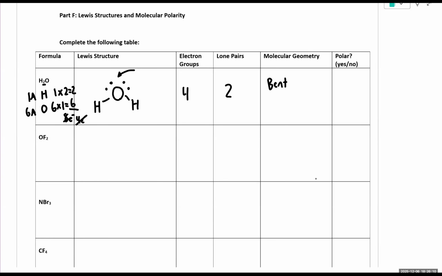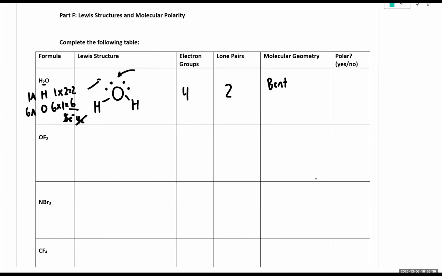Now, in terms of whether or not a molecule is polar, there are 2 rules for polarity. The first is whether the central atom is bonded to different atoms. If that happens, there's going to be an imbalance in bond polarity in most cases, so the molecule will be polar. The second thing we have to look at is, do we have polar bonds?